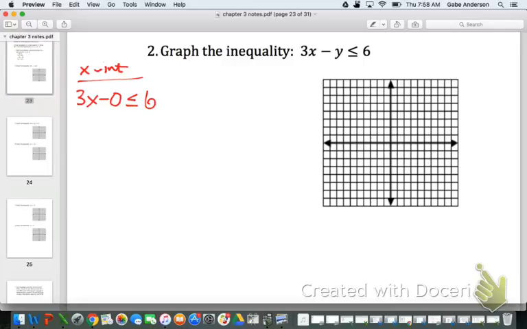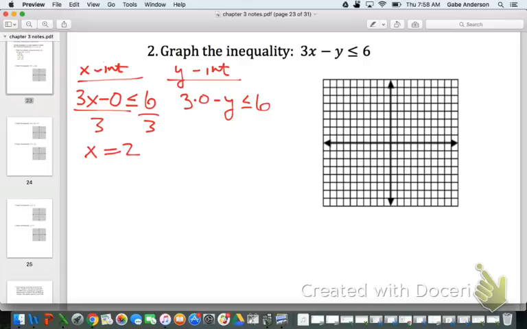Okay, so I plug a 0 in for y, and I divide by 3. This will give me an x-intercept of 2. My y-intercept, I plug a 0 in for x. I hope that you are working with me, or maybe you've worked a little bit ahead. That's fine. So it'd be 3 times 0 minus y is less than or equal to 6. So that would be negative y is less than or equal to 6.